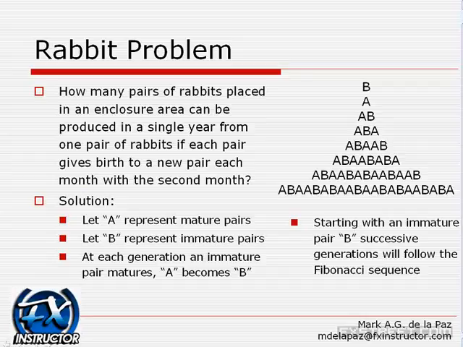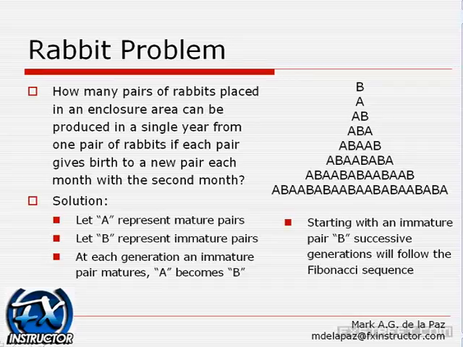It asks how many pairs of rabbits placed in an enclosure can be produced in a single year from a pair of rabbits at the start, if each pair would give birth to a new pair every 2 months.